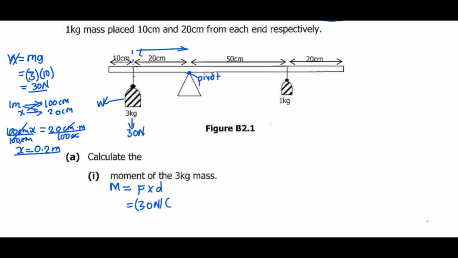The simplest way is we know that 1 meter is equivalent to 100 centimeters, so from meters to centimeters, multiply by 100, and the reverse, you divide by 100. So we have 0.2 meters. So 30 times 0.2 will give us 6 Newton meters. So this is the moment here. So moment 1 is equal to 6 Newton meters.